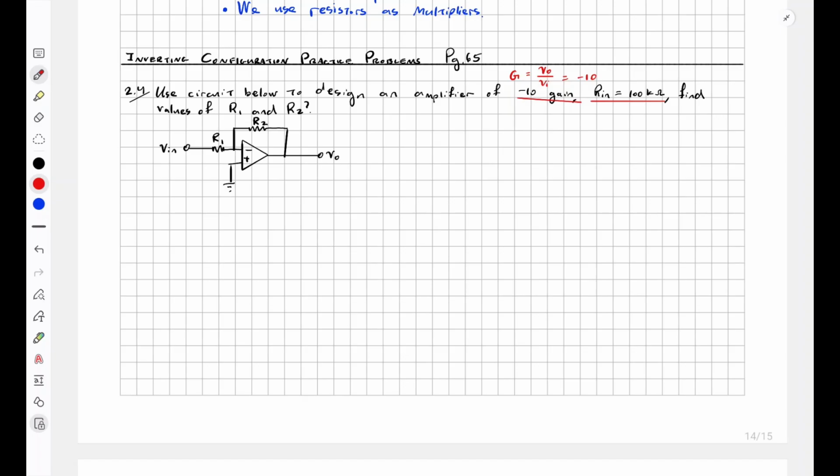Okay, so first we can treat this op-amp as an ideal op-amp.